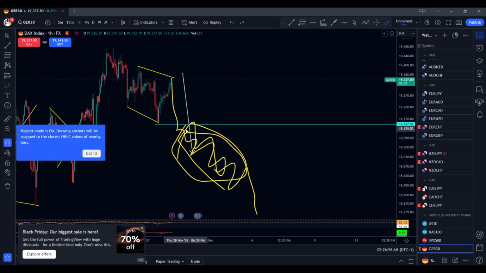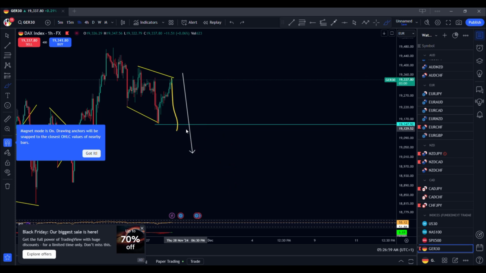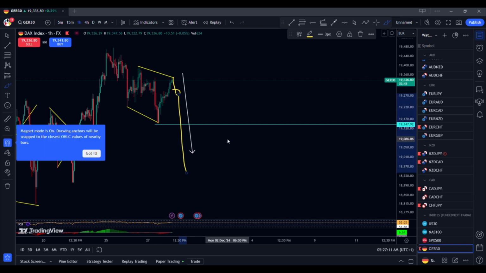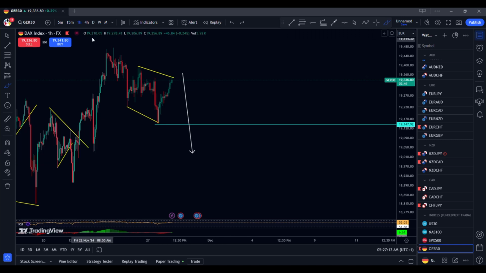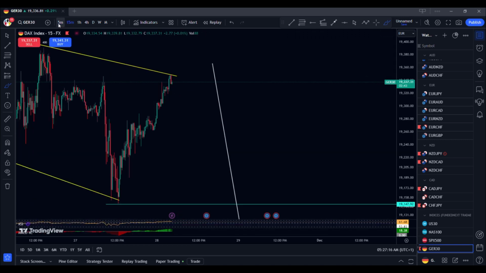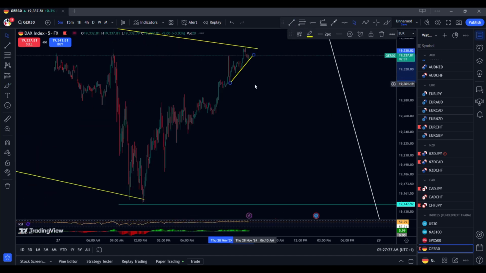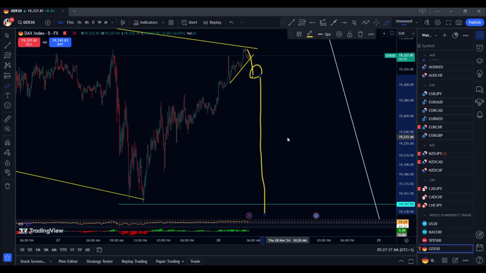So now on German 30, what I am waiting for is an impulse, a correction, and then I would sell. And I can even go down to the lower time frame, which is the 15 or even the 5, and wait for a break of this, a break of that, and another correction, a break of this and another correction to sell.